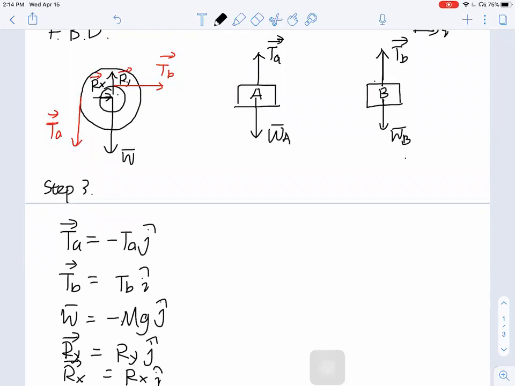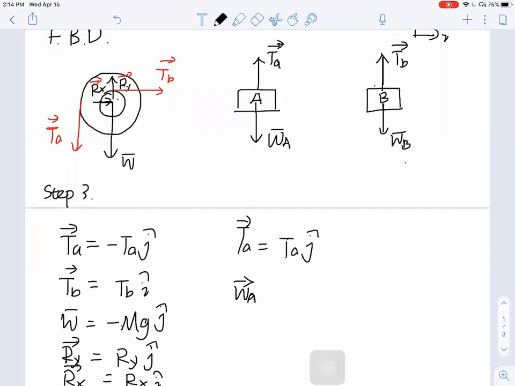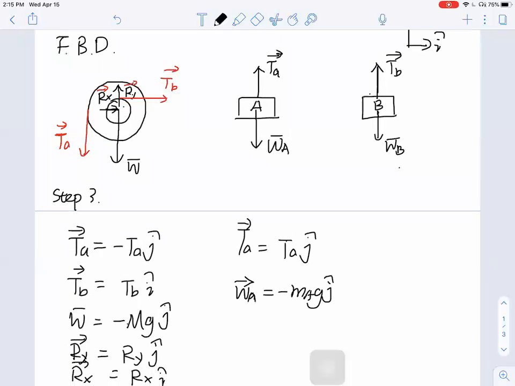And for the second rigid body, TA is now pointing upwards, so it's positive TA J. And our WA is negative MA G J. Now let's look at block B. TB, since we had a pulley there, it changed the direction of the tension force.